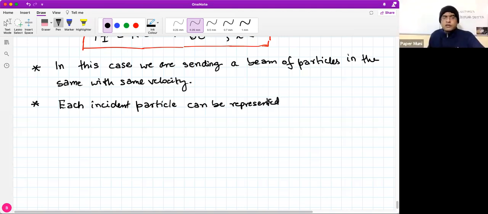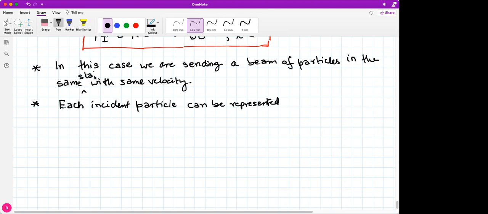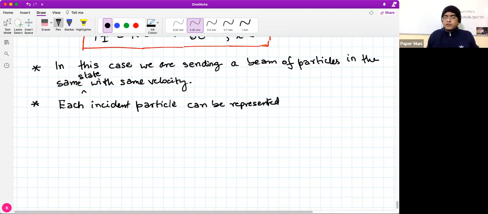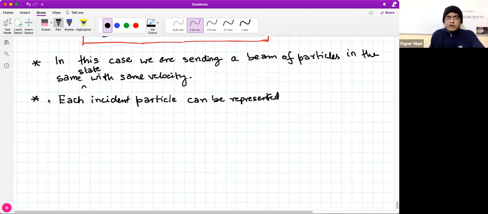The first statement is, in this case we are sending a beam of particles in the same state, with the same velocity. And each incident particle can be represented by psi is equal to e to power i kx. So each of them can be represented by this wave function.